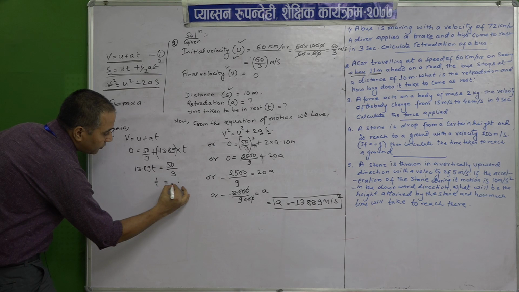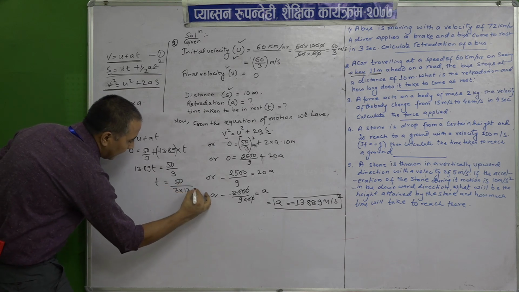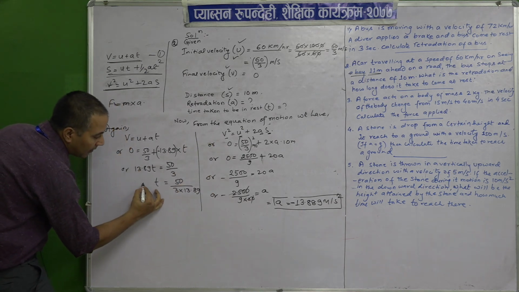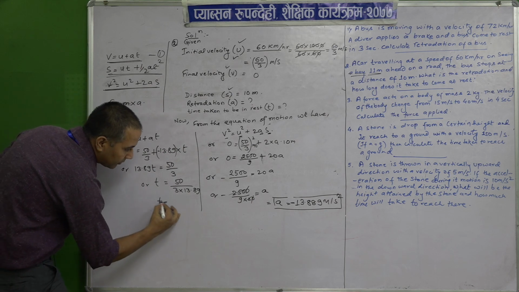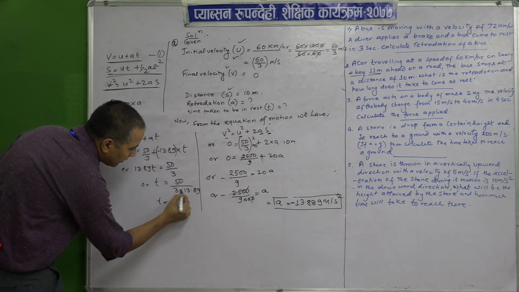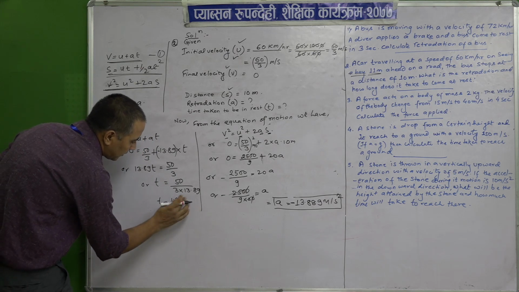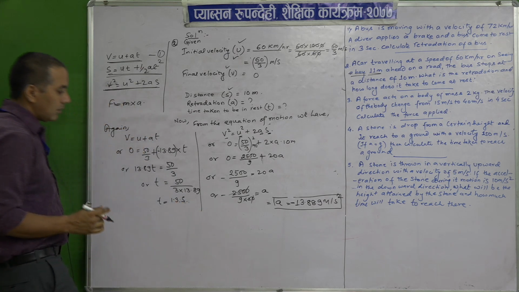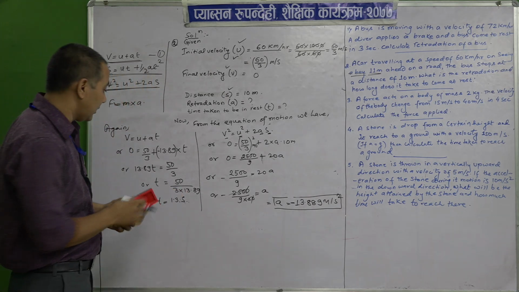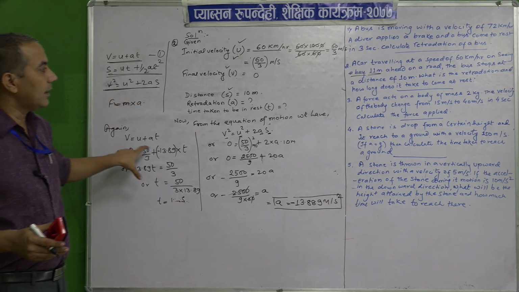Then t equals 50 upon 3 into 13.89. Then t comes to about 1.2 something second. You can calculate this one. So, in this way we can calculate this.